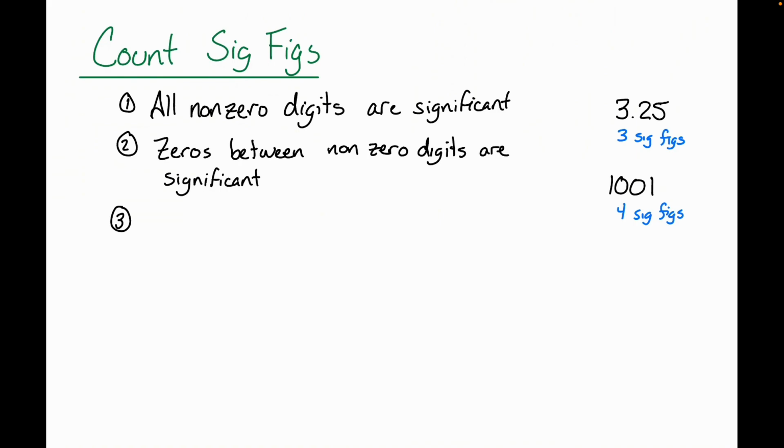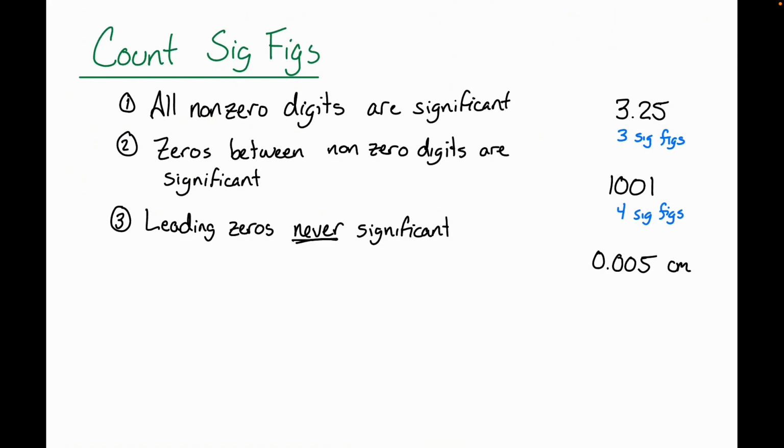Leading zeros. So if I have a very small number, for example, 0.005 centimeters, it's got these leading zeros in front of it, zeros to the left-hand side. They are never significant. So the zeros that appear on the left-hand side of a really tiny number like 0.005 do not count as sig figs.